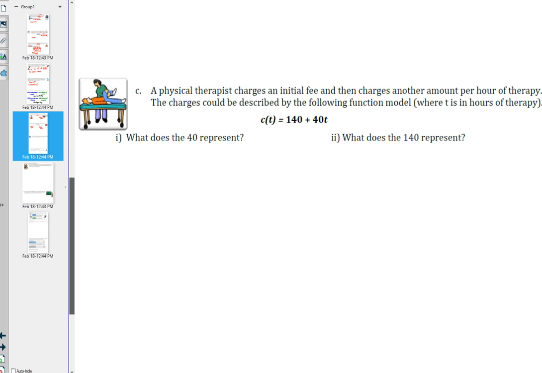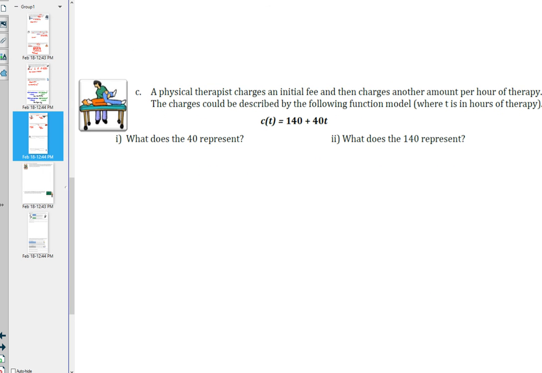A physical therapist charges an initial fee and then charges another amount per hour. What type of function is that? The first two were exponential. What type of function is this? Yeah, this is linear. What does the 40 represent?